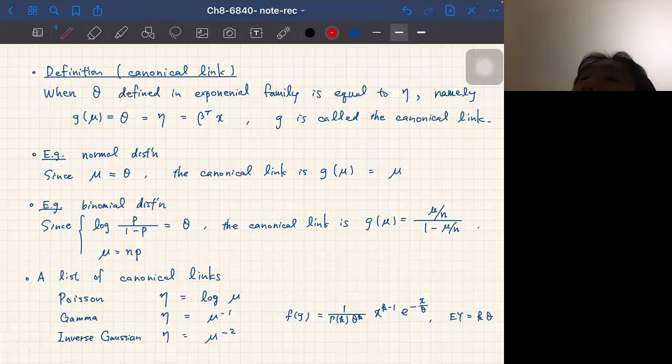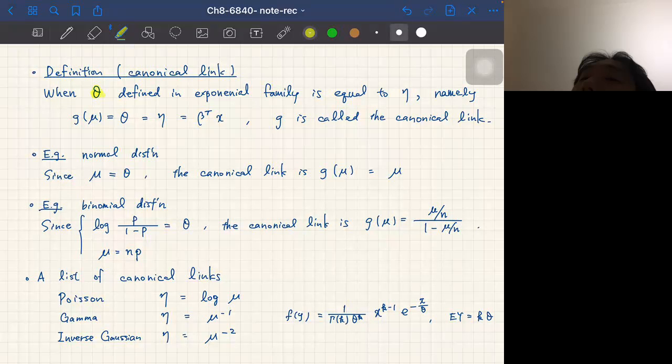So now we think about a good link function for each problem. So we define the canonical link. We have defined theta. Originally, the distribution has some parameters. For example, the binomial distribution has two parameters, n and p. But we defined theta using the exponential family.